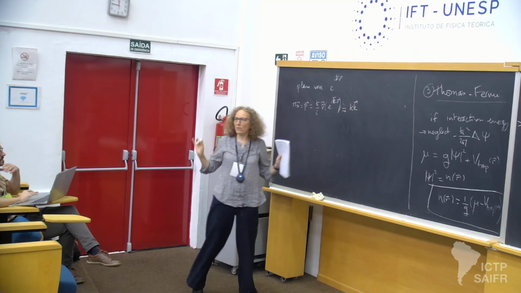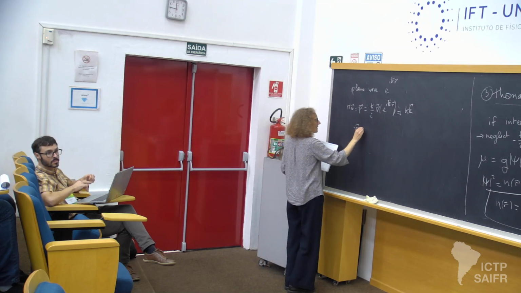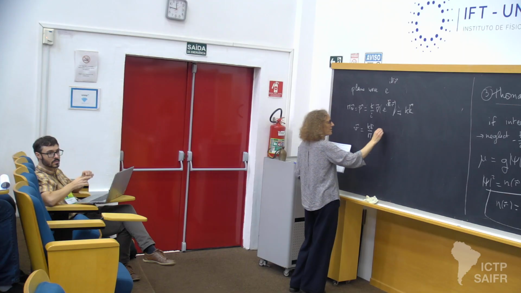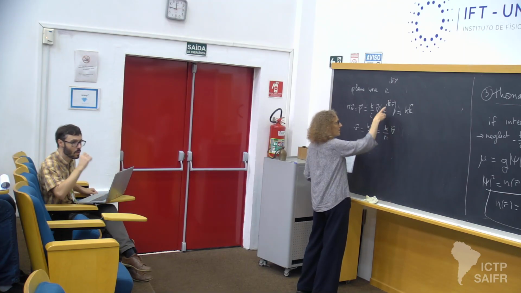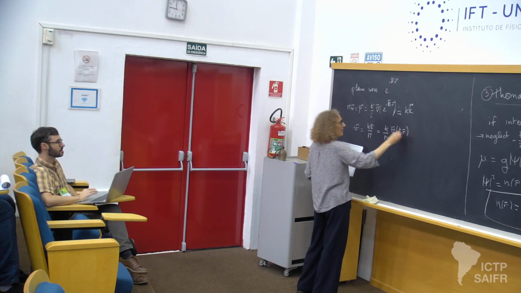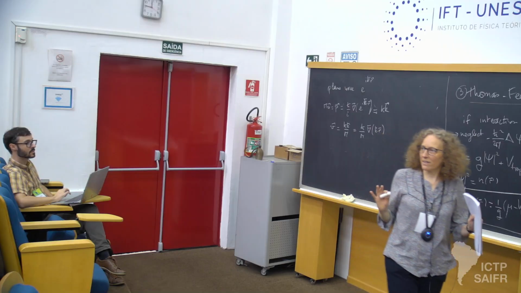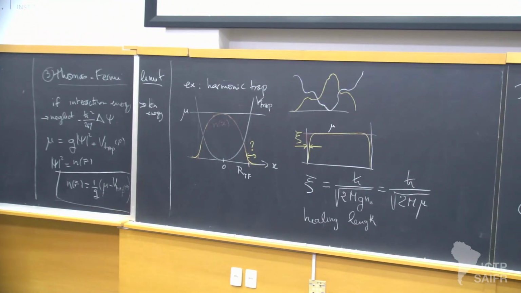The momentum of my plane wave is h bar k. And the velocity is h bar k over m. And so the velocity is also h bar over m, the gradient of the phase. The phase is kr. Okay? So this is very natural that h bar over m gradient of the phase is the velocity.